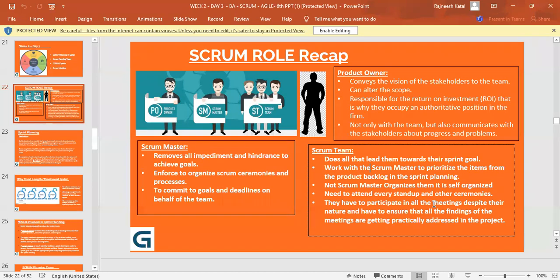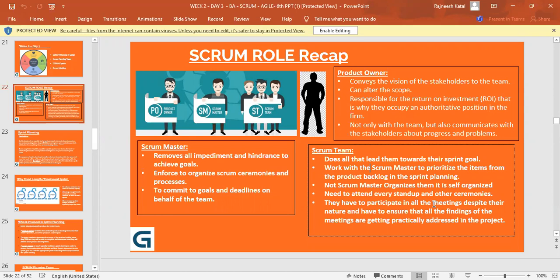Now, I'll just request Akhil to read out the Scrum team part. Sure. So the Scrum team does all that leads them towards the sprint goal. Works with the Scrum Master to prioritize the items from the product backlog in the sprint planning. Right.